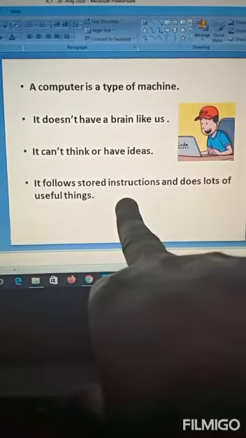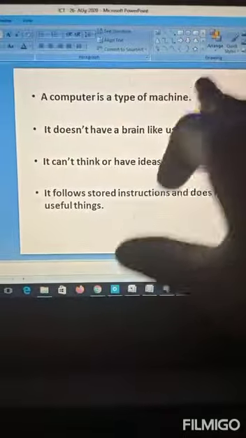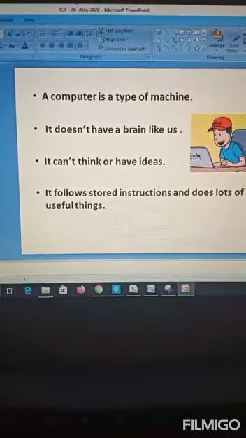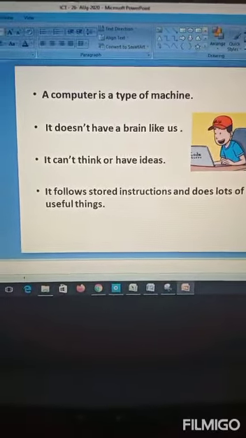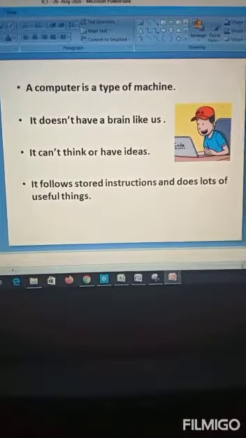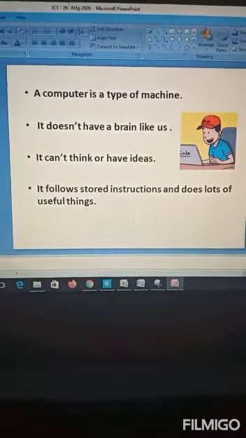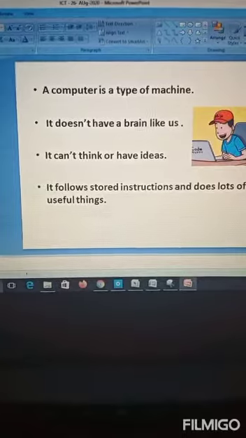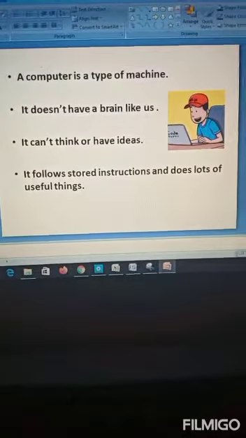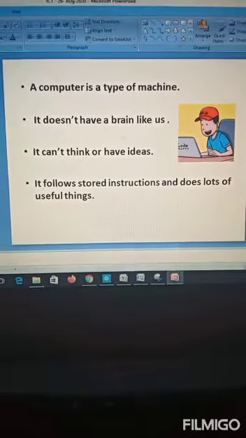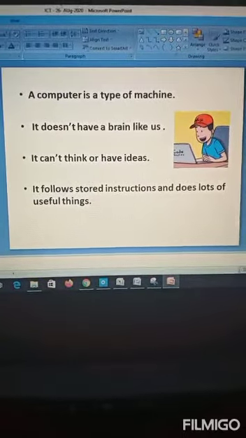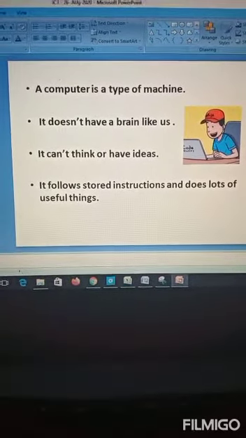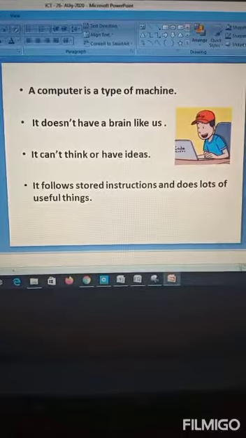Alright? Okay, so computer is just a type of a machine. It doesn't have a brain like us. It can't think or have ideas. The only thing which computer does is follow the instructions. It follows the instructions which are given to it and does lots of useful things for us.